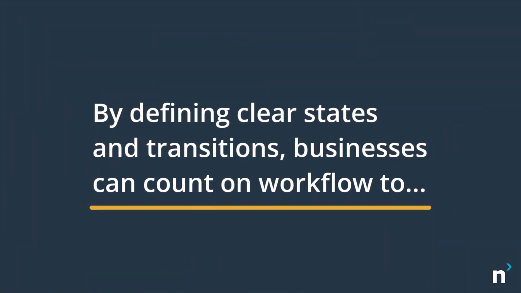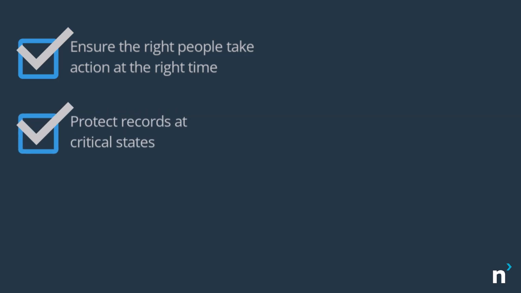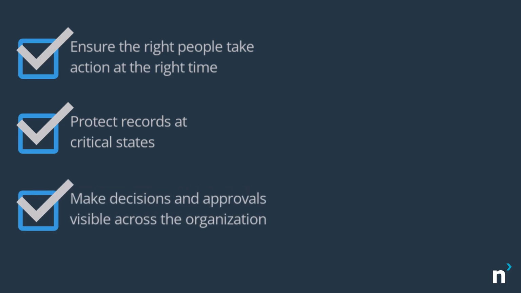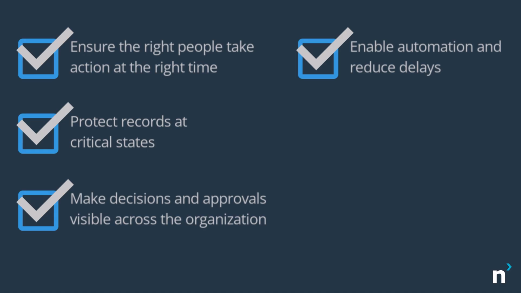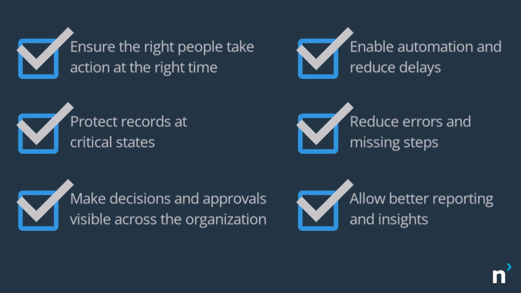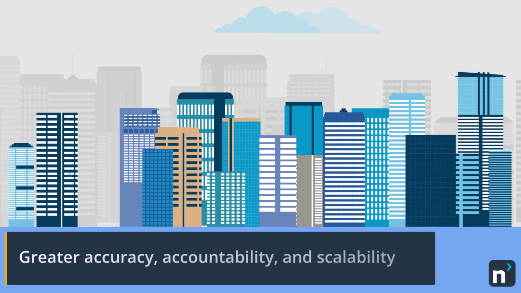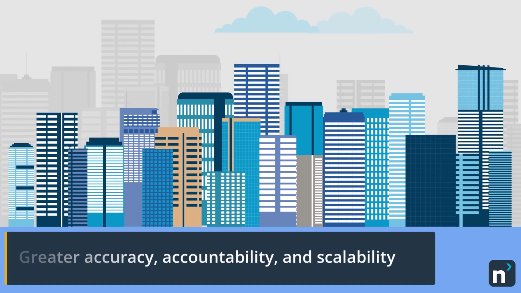By defining clear states and transitions, businesses can count on workflow to ensure the right people take action at the right time, protect records at critical states, make decisions and approvals visible across the organization, enable automation and reduce delays, reduce errors and missing steps, and allow better reporting and insights. As a result, workflow helps organizations operate with greater accuracy, accountability, and scalability.